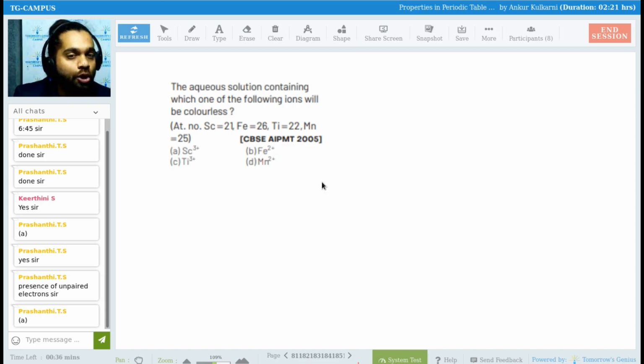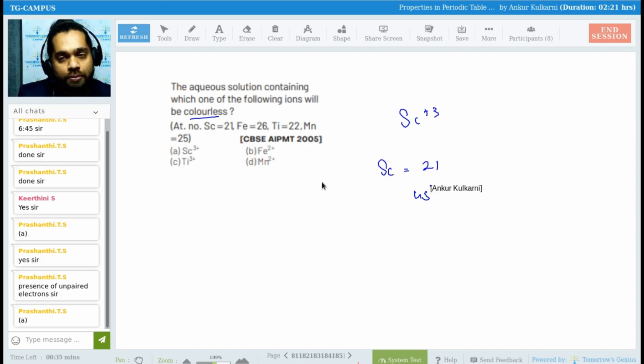Colorless means what? You do not want any unpaired electrons. That is the meaning of colorless. So over here, scandium 3 plus. If I solve it, scandium is what? 21.